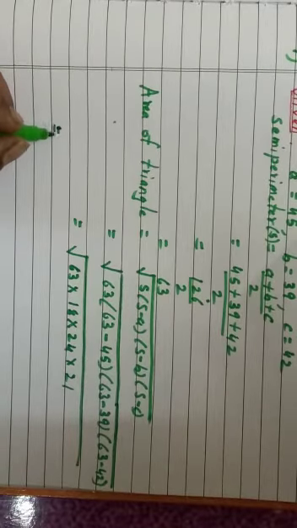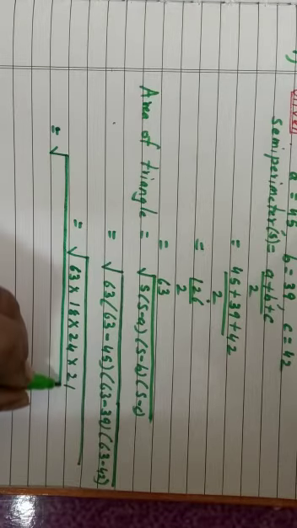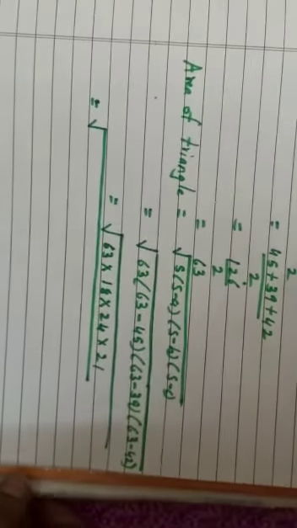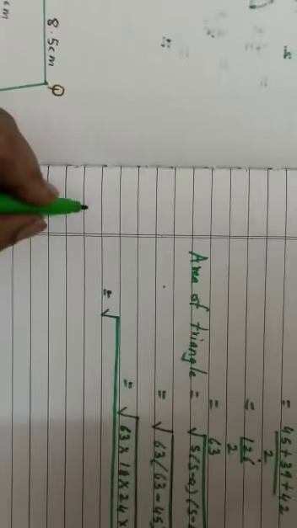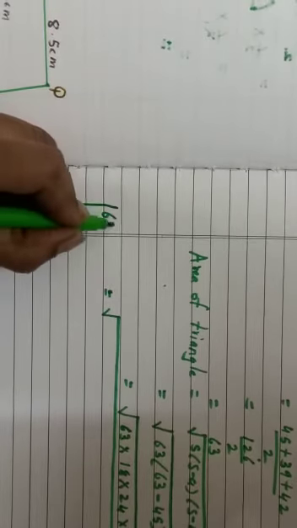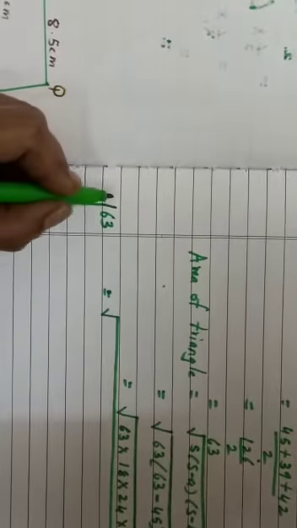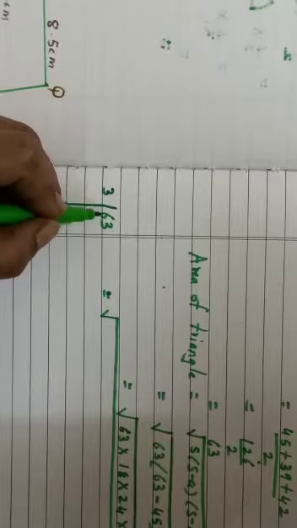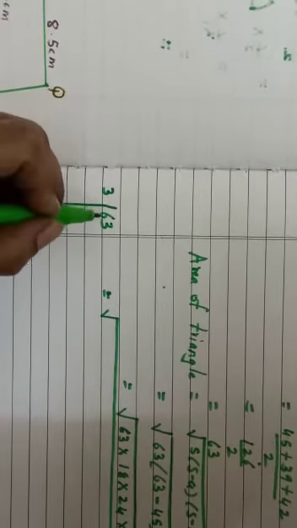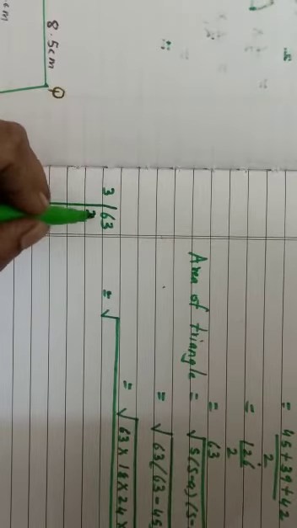Which is equal to square root of... now how to find the prime factors of 63? See like this, I'll just show it to you on this side. 63. 6 plus 3 is 9. The test for divisibility by 3 says that if the sum of the digits is divisible by 3, then the number is divisible by 3. 9 comes in 3's table, so you can divide by 3. 3 twos are 6, 3 ones are 3.